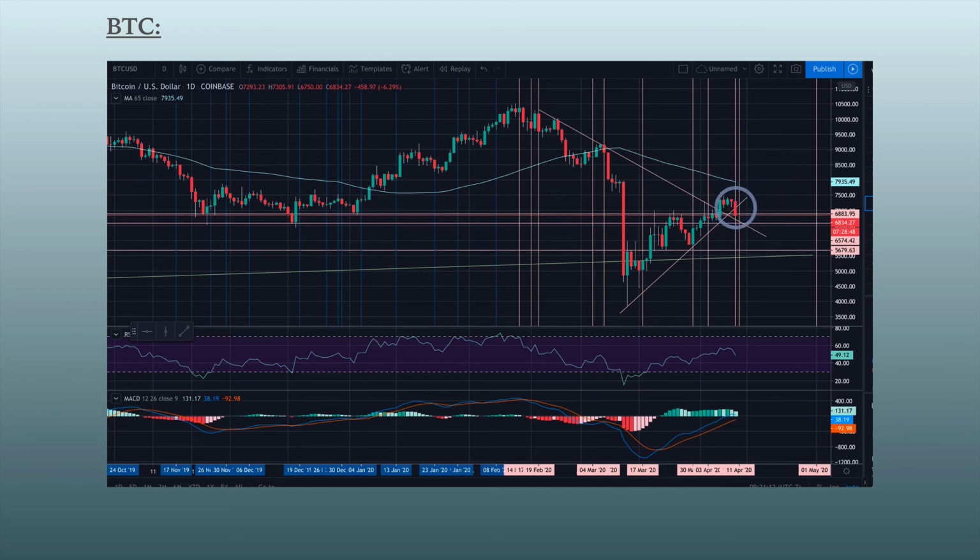We're having a pullback. We had a pullback yesterday. I think it's come back to this support line. It could come back and use this trend line as support. But then the astrology is not great with Bitcoin. We have a big gap going on here.